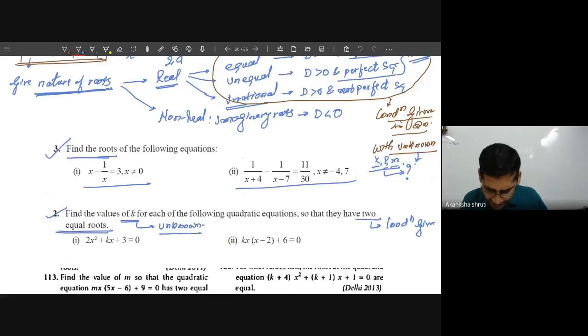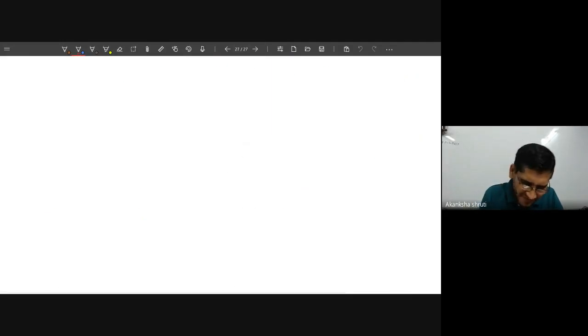You have to calculate the roots, but many a time, or even in previous years, or even last year also, the question was: calculate the discriminant of this one.